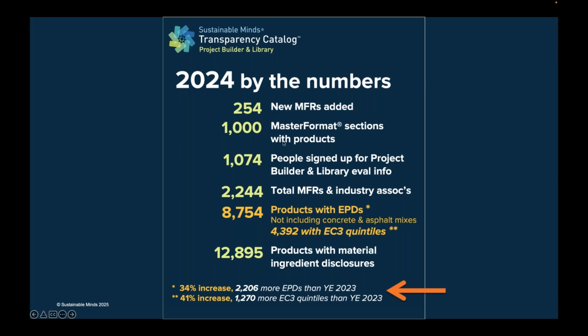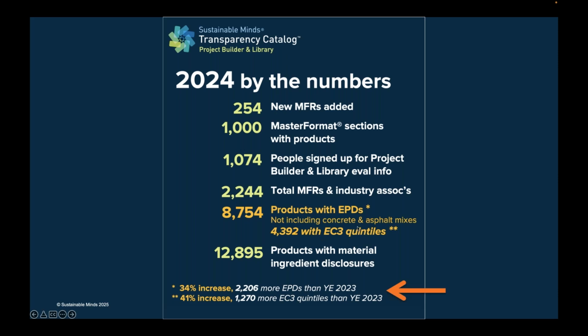We actually synthesized and merged some MasterFormat sections, retired some sections where disclosures had expired. Lots of people signing up for accounts to learn about Project Builder and Library and have a little bit more data accessibility in the catalog. But this was the stat that was really important.